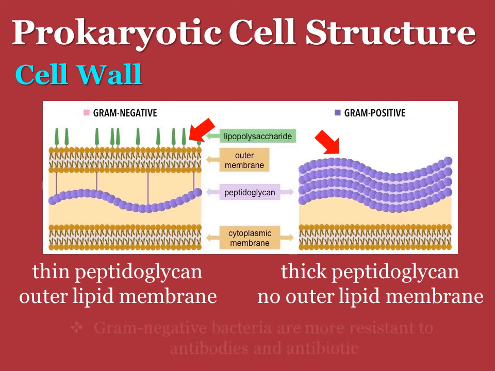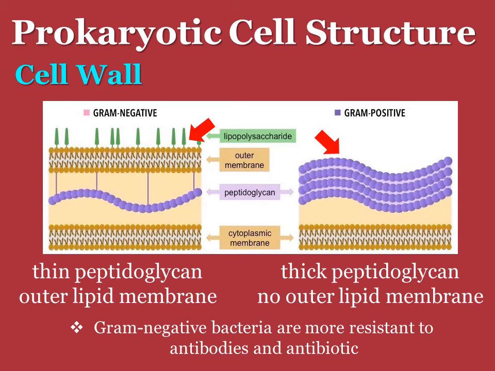Because of this, gram-negative bacteria are more resistant to antibodies and antibiotics than gram-positive bacteria because they have a largely impermeable cell wall. The bacteria responsible for multi-resistant Staphylococcus aureus, or MRSA, and acne are examples of gram-positive bacteria, while those responsible for Lyme disease and pneumonia are examples of gram-negative bacteria.